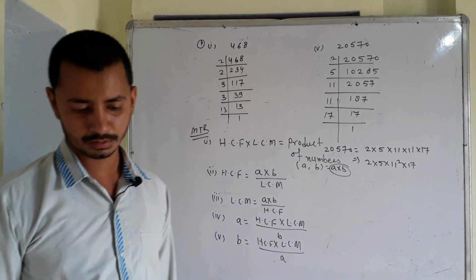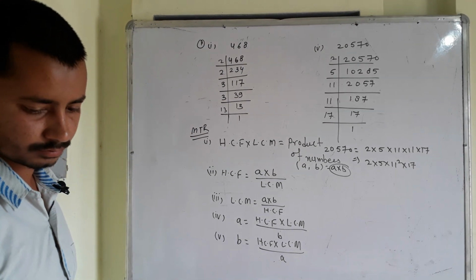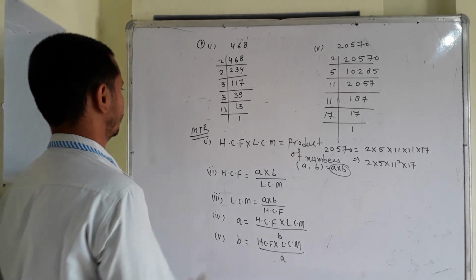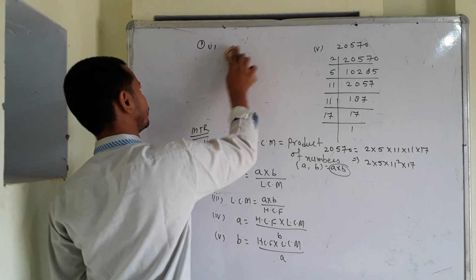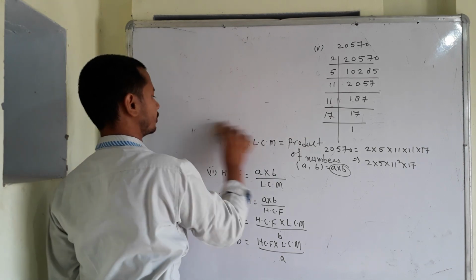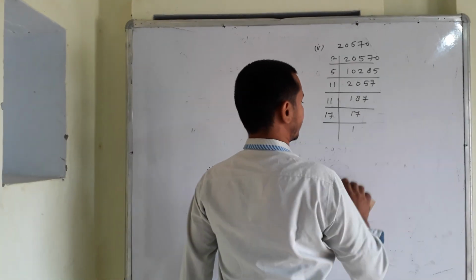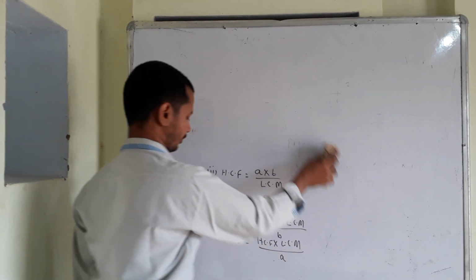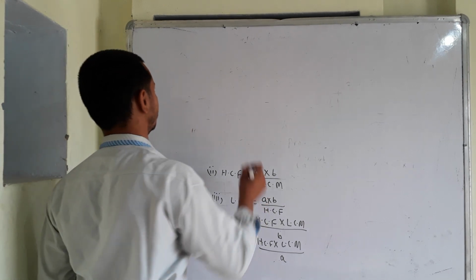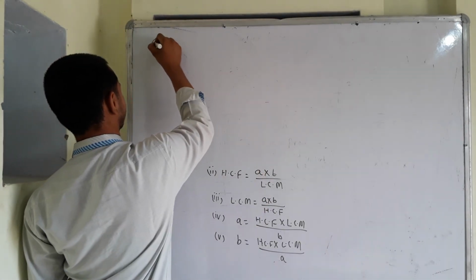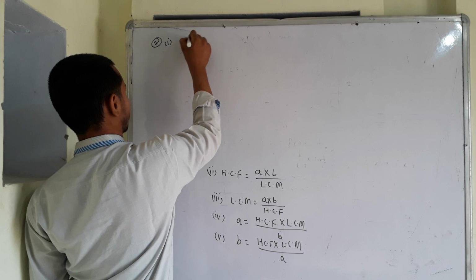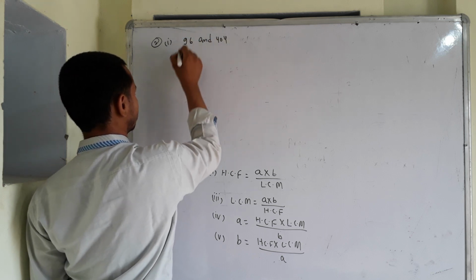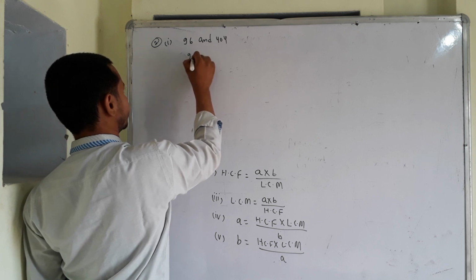Second, the first part is 96 and 404. Factorize 96.